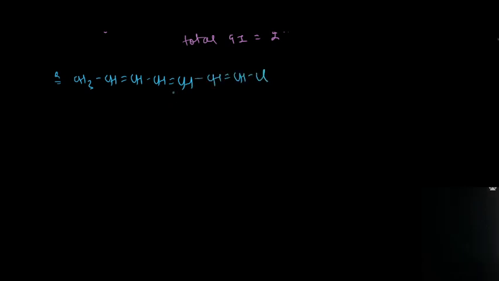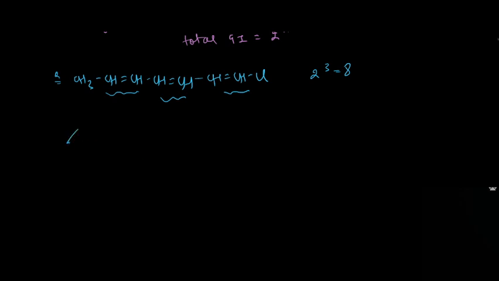Here the number of sites which show GI are 1, 2 and 3. So the answer is 2 to the power 3 equals 8. Now again, if we write more examples, the number of geometrical isomers is 2 to the power 3, which is 8.